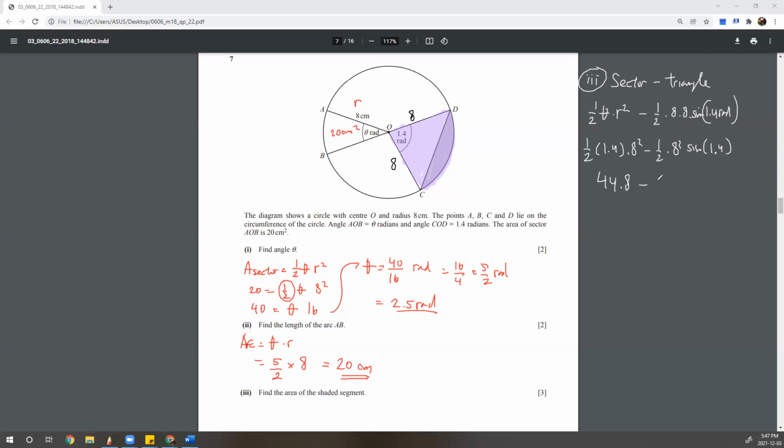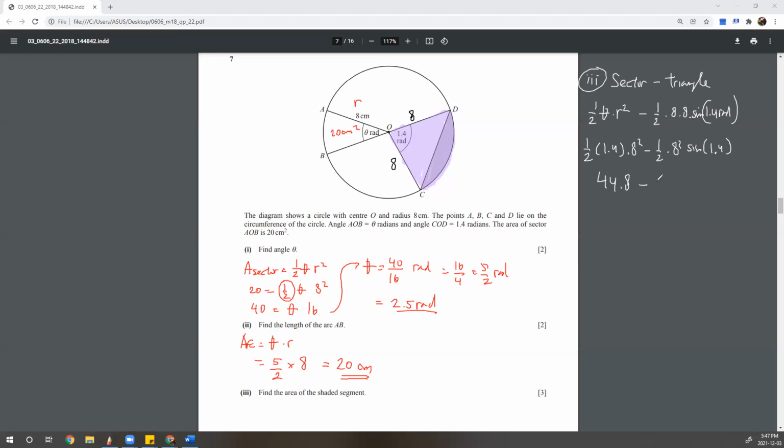Man, it's so hard. Minus 0.5 times 8 square, 64, times sine of 1.4. But you have to change your calculator into radian form.